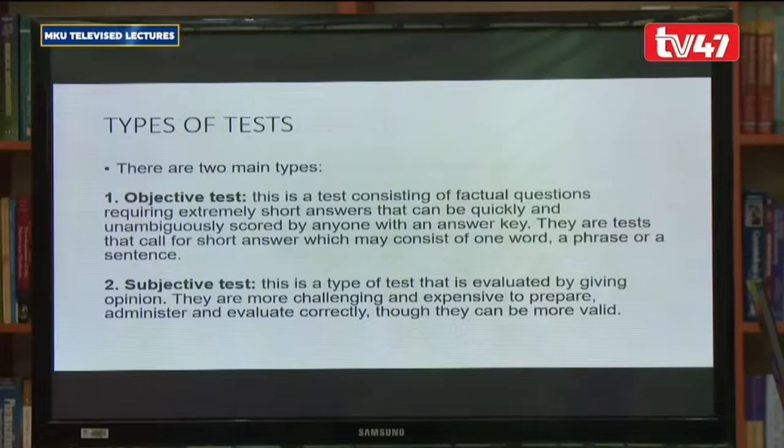Let's now first of all define what objective tests are. An objective test is a test consisting of factual questions that require extremely short answers that can be quickly and unambiguously scored by anyone with the correct answer.